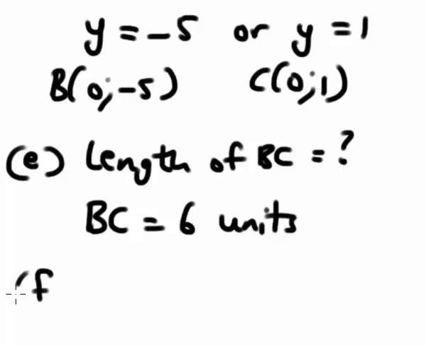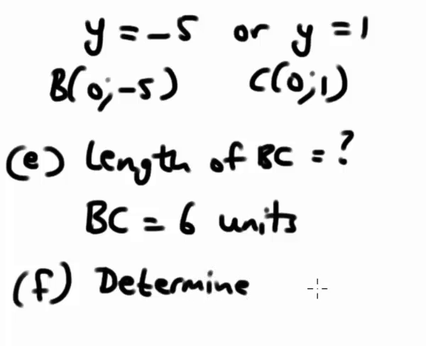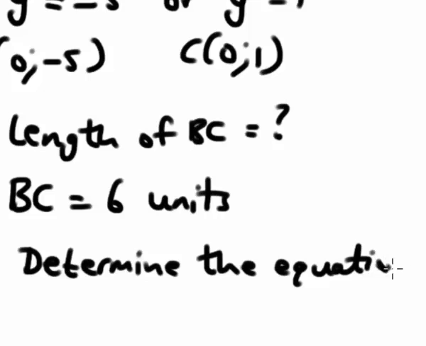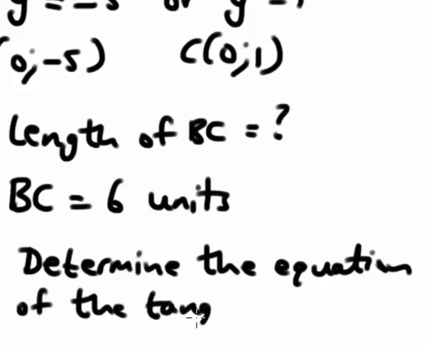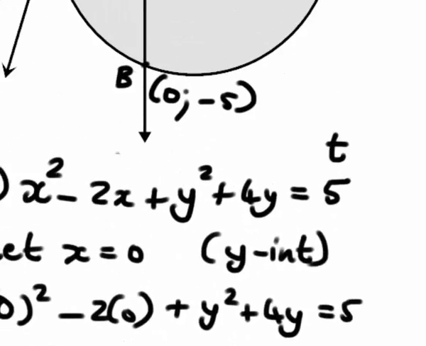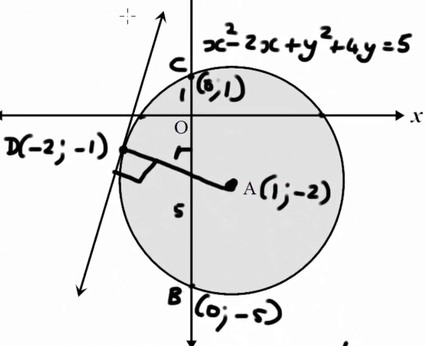Okay. Very nice. And then what I want you to do in the last part of this question, the classical question, is determine the equation of the tangent to the circle at the point D. Well, how do we do it?